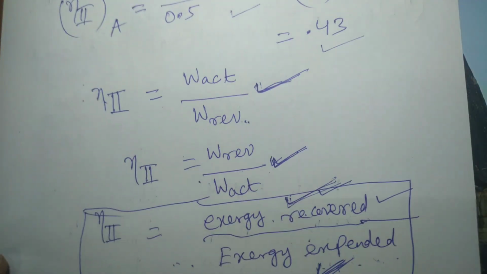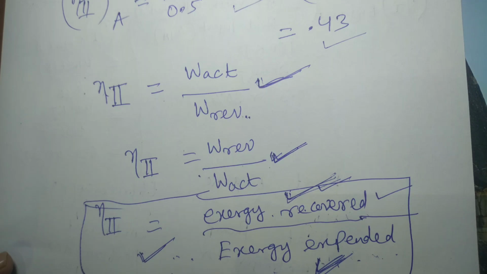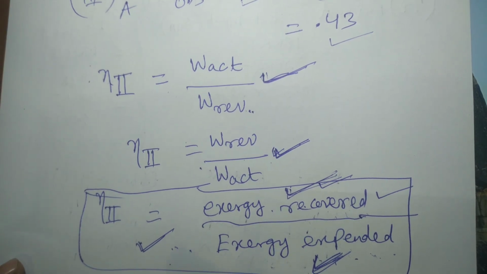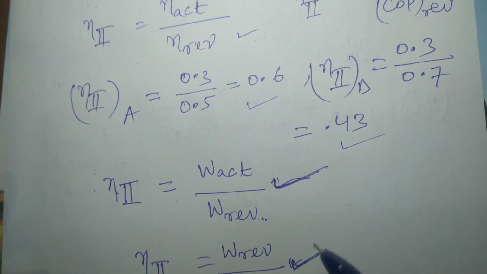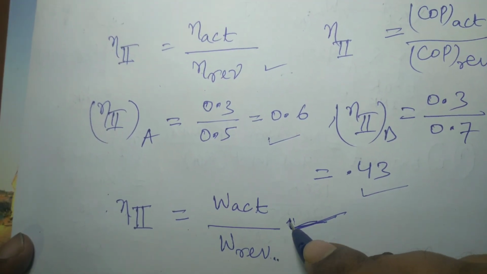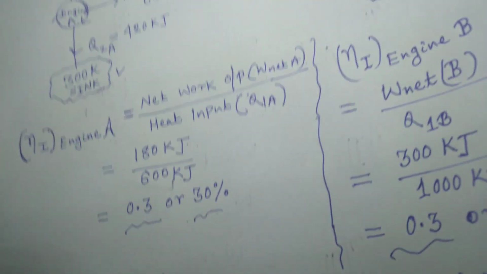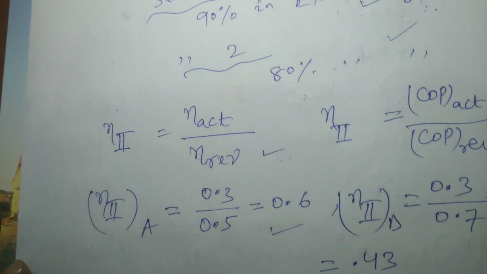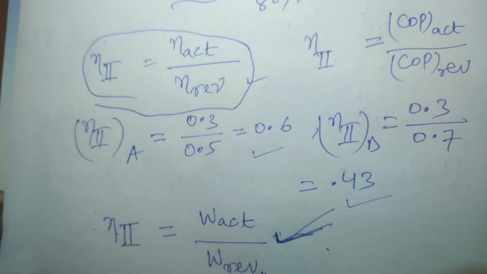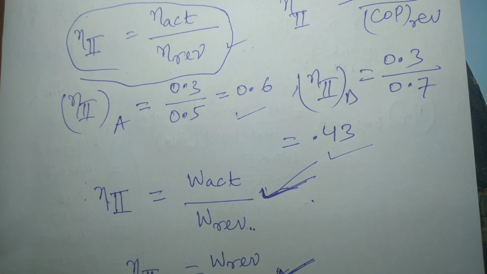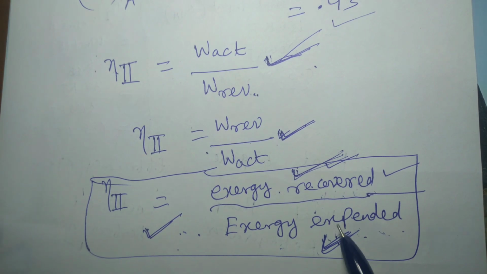And this is, in fact, the most general formula. Before this I have already explained two more formulas. So there are three formulas, and this most general one can also be applied for any heat engine.